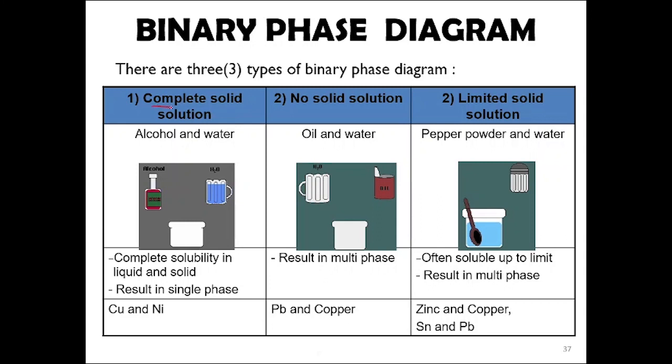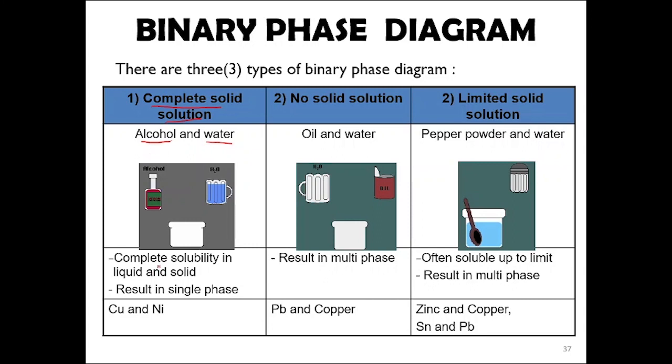To understand complete solid solution, we can use the example of complete liquid solution like alcohol and water. When we mix alcohol and water together, it doesn't matter how much the percentage of alcohol and how much the percentage of water, they will mix well together.